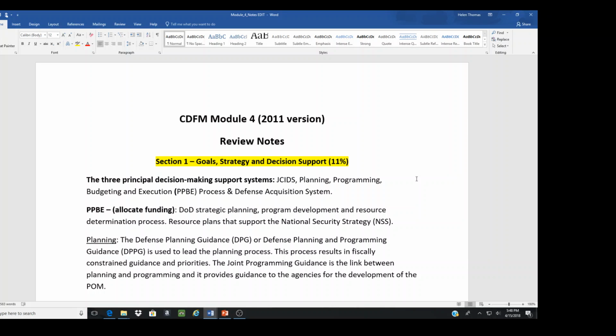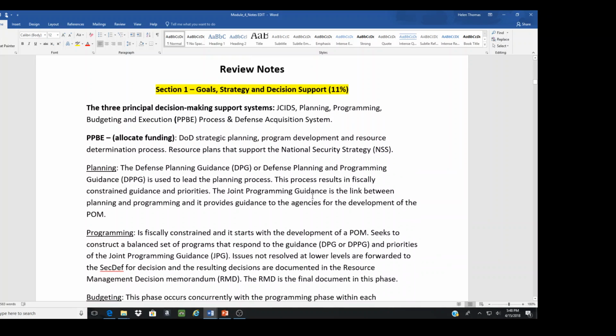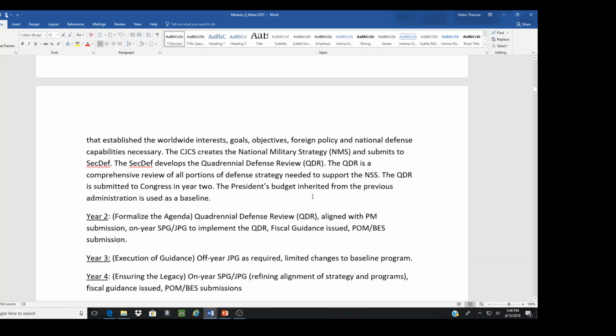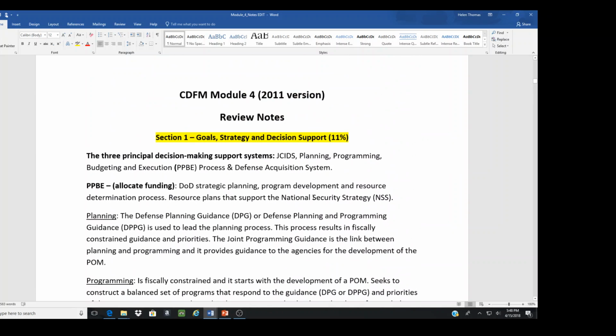Remember when we talk about the 3 DoD support systems, that's what it's talking about here again, which is JCIDS, PPBE, and the Defense Acquisition System. Remember, the Joint Capabilities Integration and Development System is a system of analysis that is done to identify capability gaps.